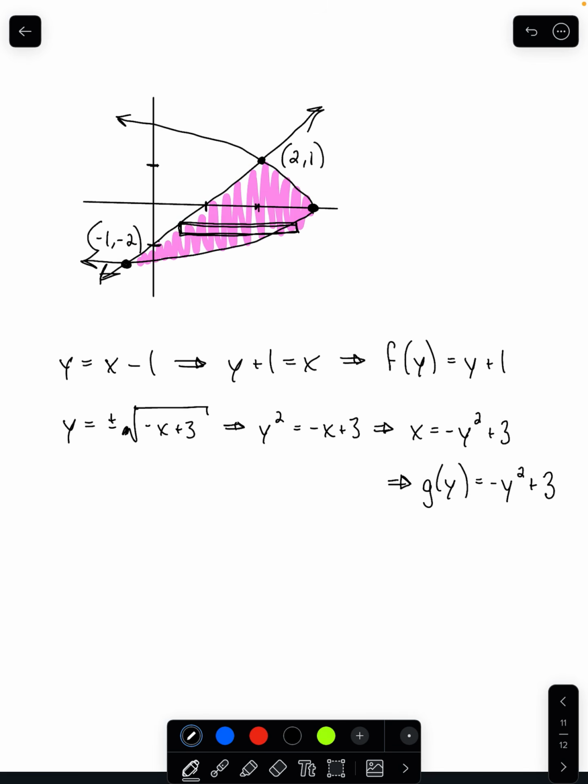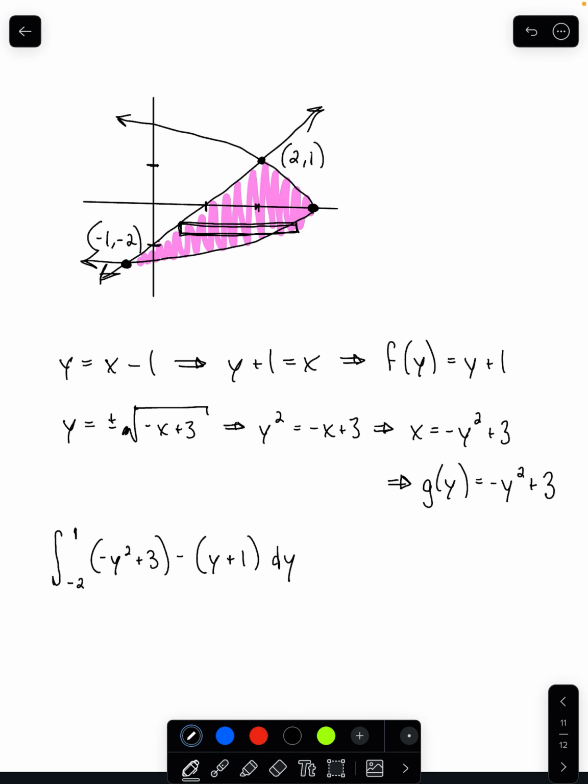This can be done with a single region from a y value of negative 2 to a y value of positive 1 of the function with the larger x value, the function further to the right, the parabola, minus the function with the smaller x value, the function to the left, the linear function y plus 1.